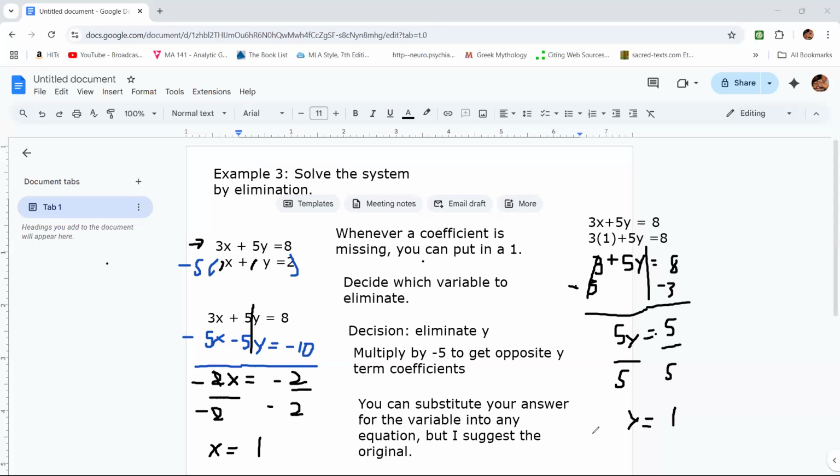So my solution here is, remember, it's in the form of xy. So my solution is the point (1, 1). Okay?